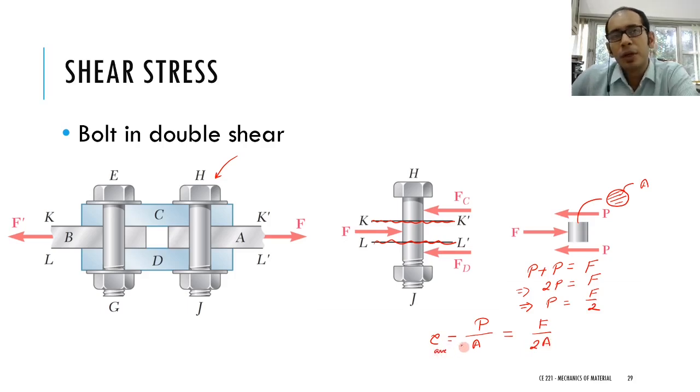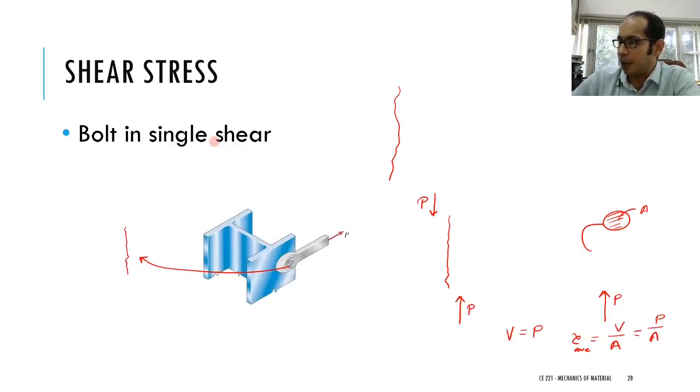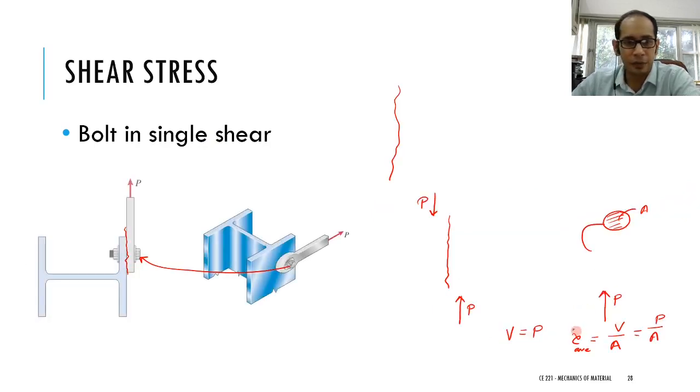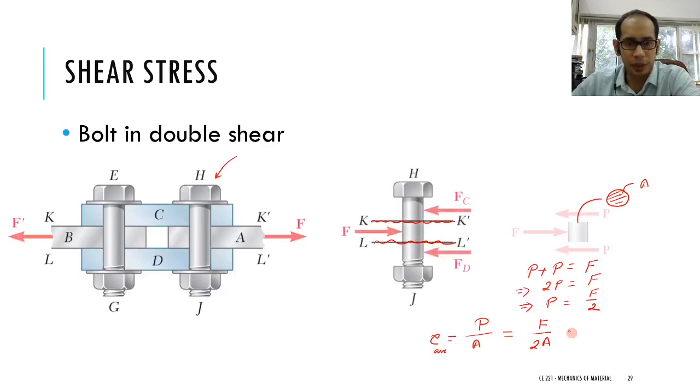So can you in some sense get a feel for which is probably a safer bolt, a bolt in double shear or single shear? For the bolt in single shear that we had, let me go back, tau average was F divided by A. Now if you go to the bolt in double shear, which is this one, my tau is F divided by 2A.